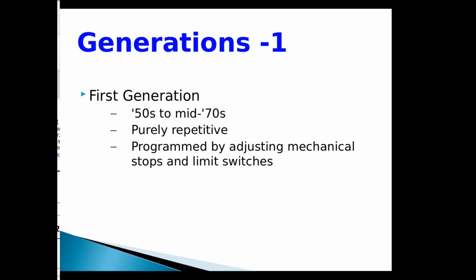Okay. So when we first started with robots back in the 50s up to the mid 70s, the functionality of the robots was purely repetitive, and the programming was basically done with mechanical stops and limit switches.